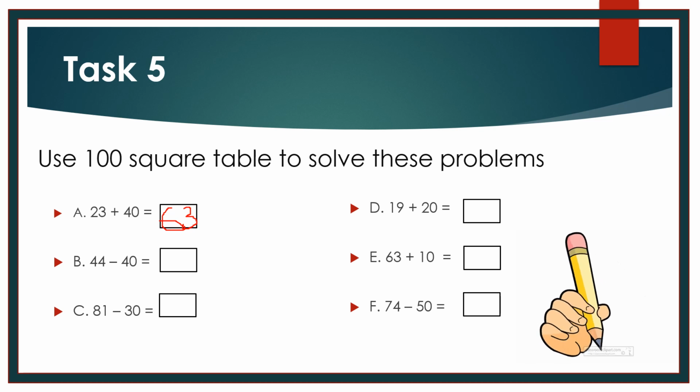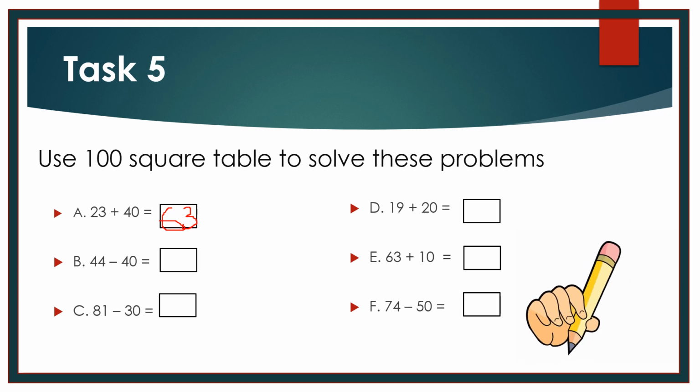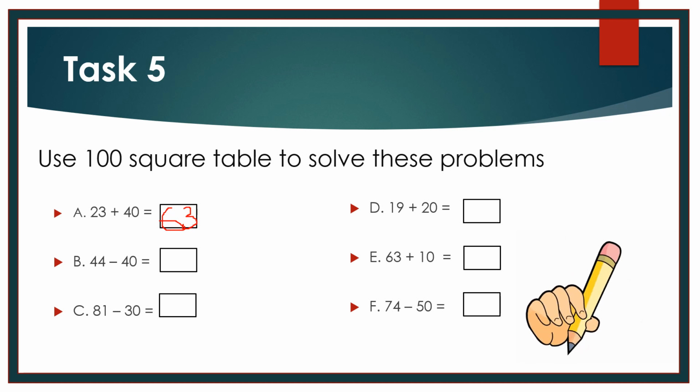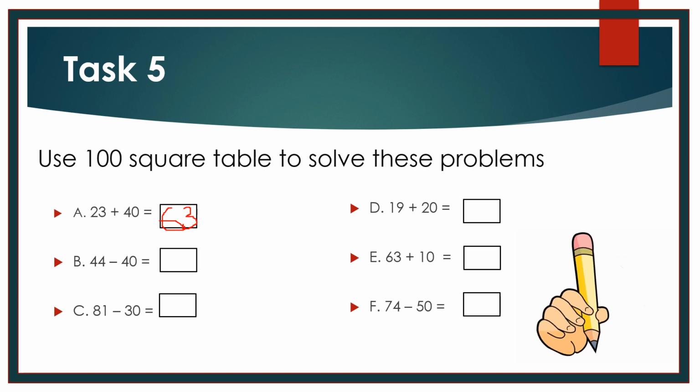The next one, B. 44 minus 40. You will go on your 100 square table, go on 44. From 44, I have to subtract 40. Whenever it is a subtraction, I will count back. From 44, I am counting back 4 tens.